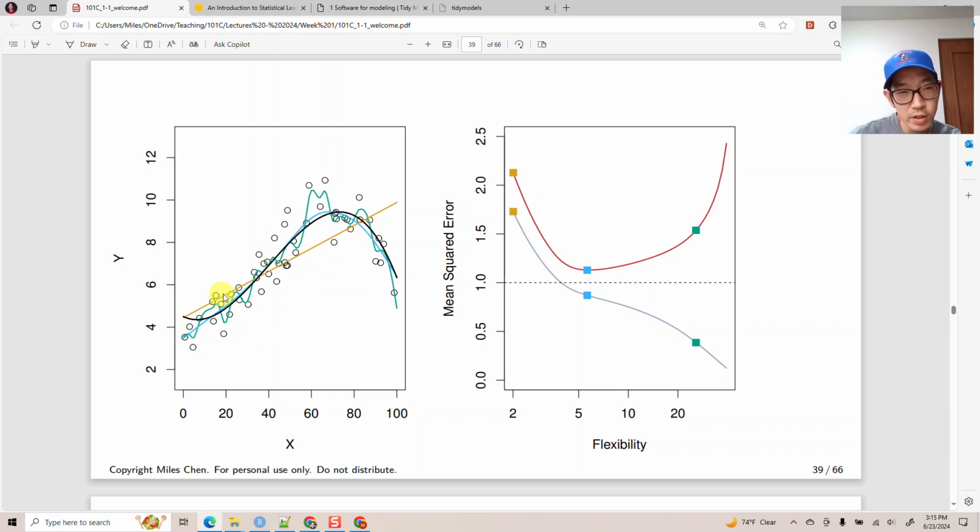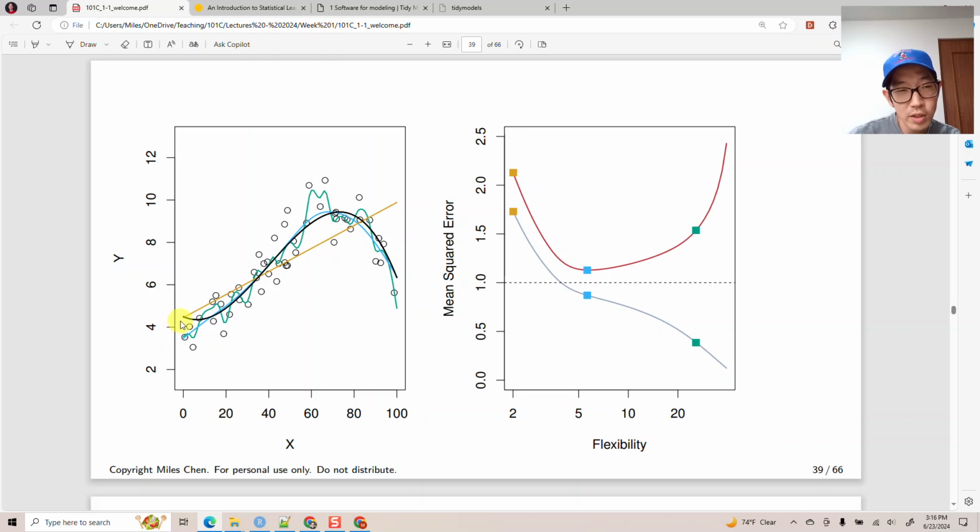We can fit a few possible models to this. We can fit a straight line, and we can see the straight line doesn't do a great job on this. We see the dots, and it just tries to fit that. We have this blue line, in light blue, and it tries to fit the dots as best it can, but we give it just a little bit of flexibility.